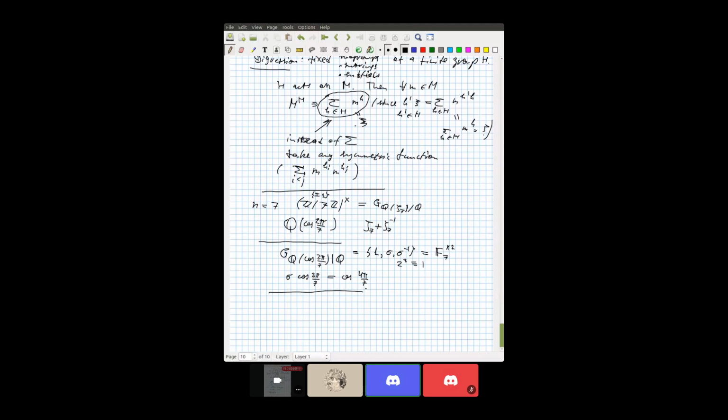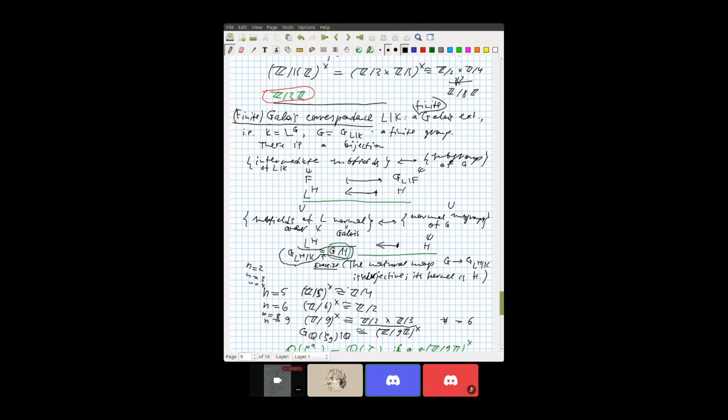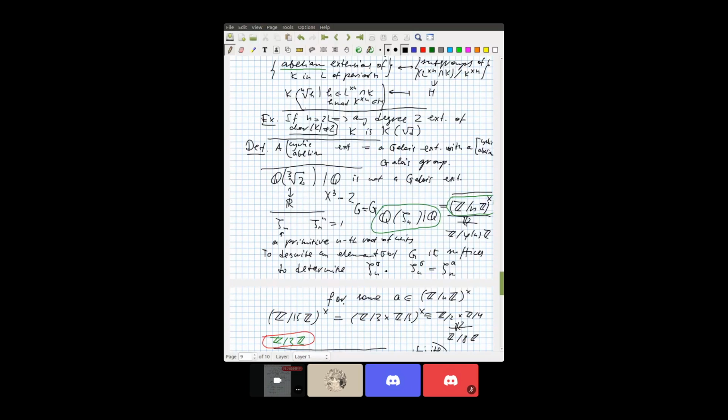Actually, we can also try to look if there are other ways to construct these. You see that so far we only used cyclotomic extensions. Cyclotomic means that they are subfields of extensions obtained by adjoining some roots of unity.